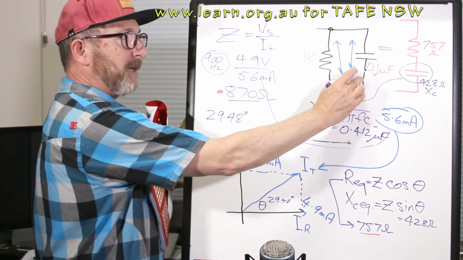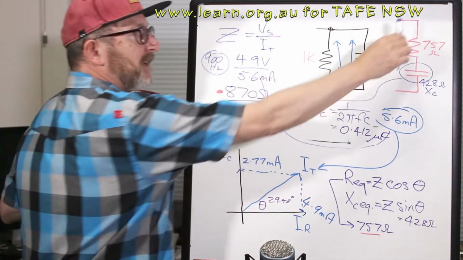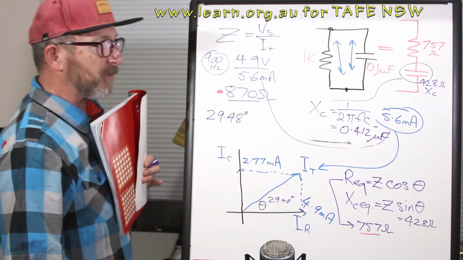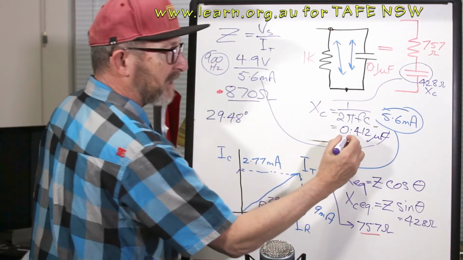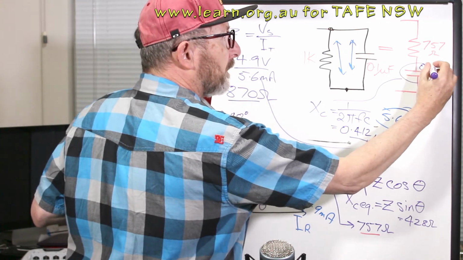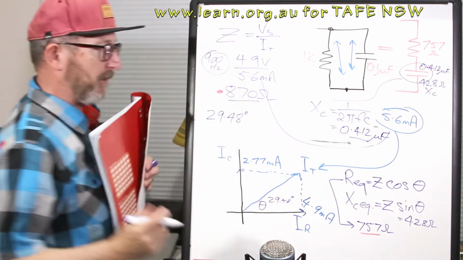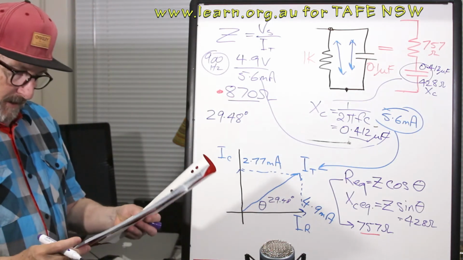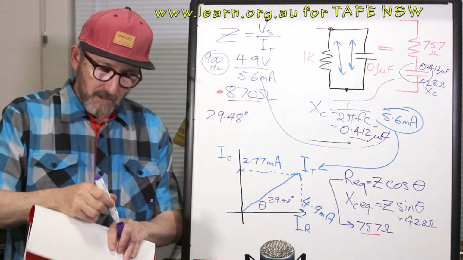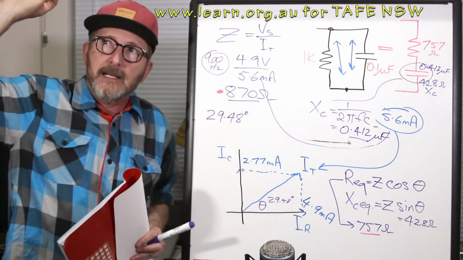Remember, originally we had 0.1 microfarad, 1K, equivalent circuit, 757 ohms, 428 ohms XC, which gives us 0.412 microfarads over there.